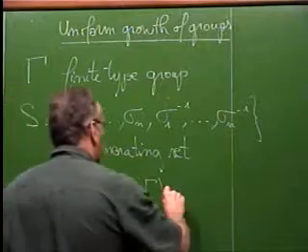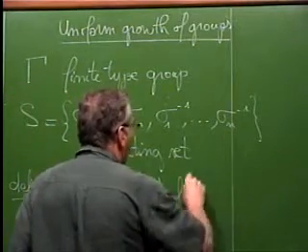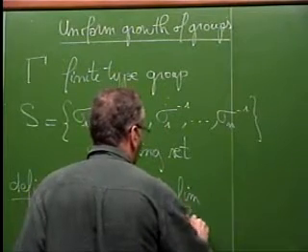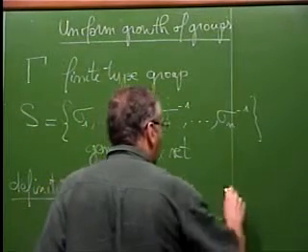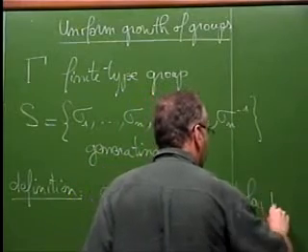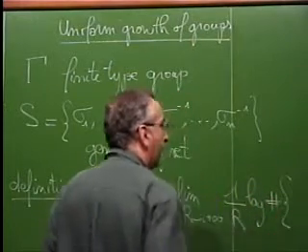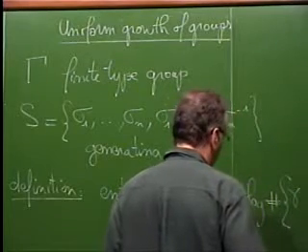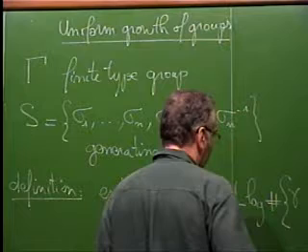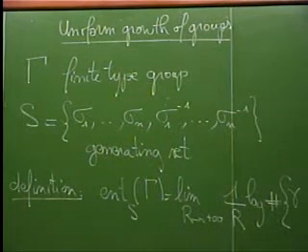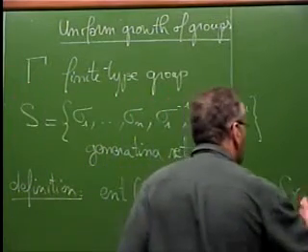So it is the limit or lim sup when r goes to infinity of 1 over r logarithm of the number of elements. Let me do it this way. There are several ways to define it.